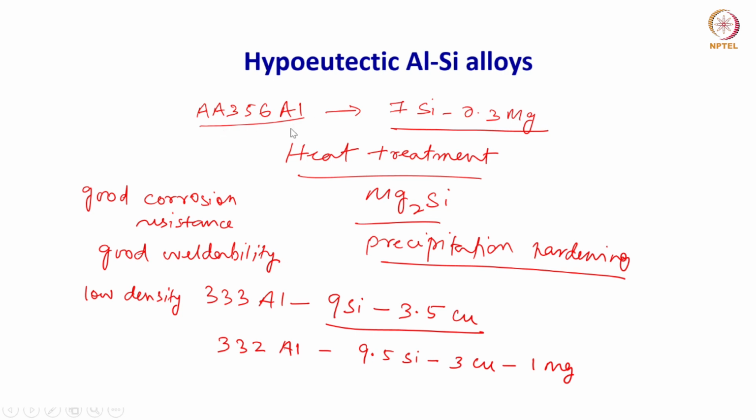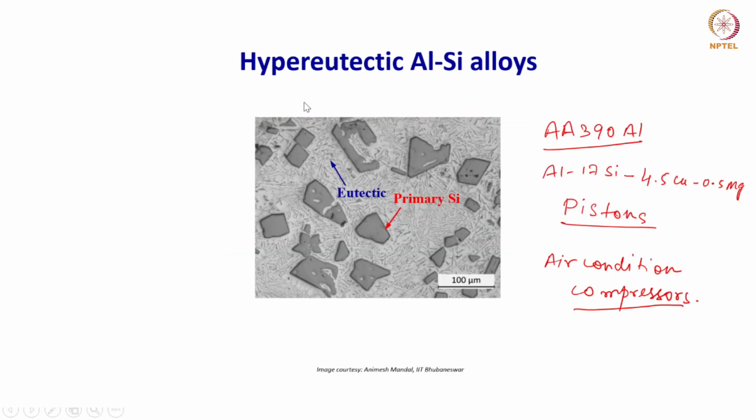Then we also talked about the hypereutectic aluminium silicon alloys, wherein apart from the eutectic silicon, you also have primary silicon in terms of blocky particles. Some examples of these alloys are, for example, 390, which has 17% silicon and some amount of copper and magnesium, and this kind of alloy finds applications in pistons and air-conditioner compressors.